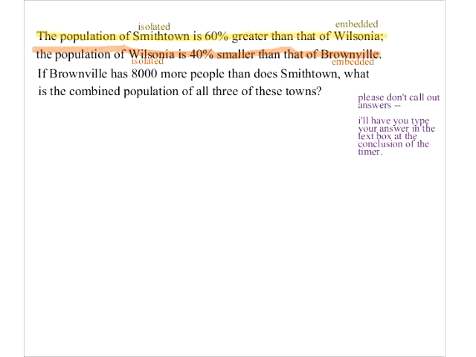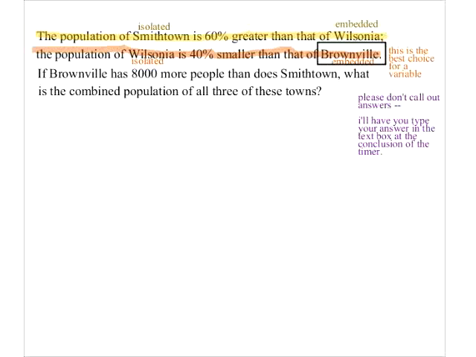So Brownville is the best choice for a variable. Give me a smiley face if you understand what I'm talking about here. It's just an extension of what we saw in the last slide, and it looks like all of you understood the last slide really well. So this is the best choice for a variable.